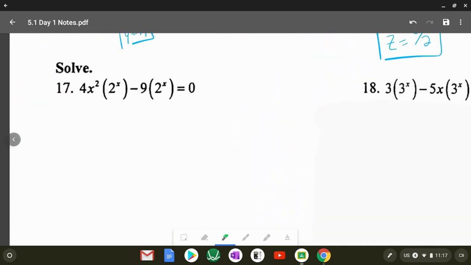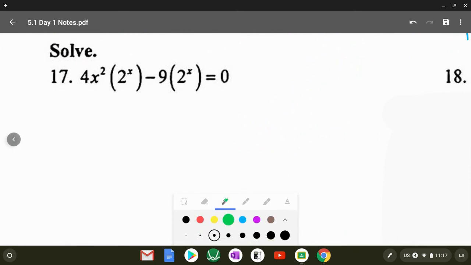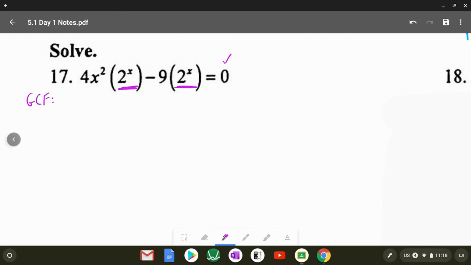Last 2 down here. We're solving just a bigger equation. It looks complicated, but if we think about it as if it were just a normal polynomial equation, it's pretty straightforward. We have 0 by itself, and we can factor out a GCF of 2 to the x, which is really nice.